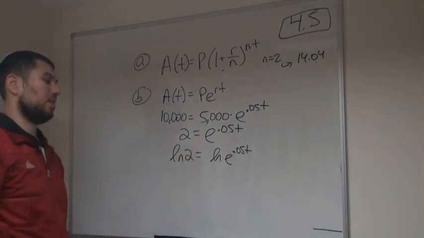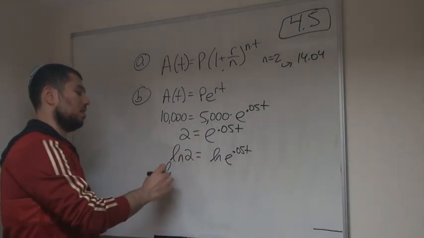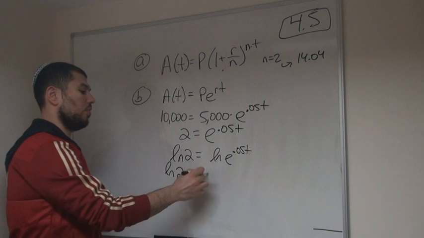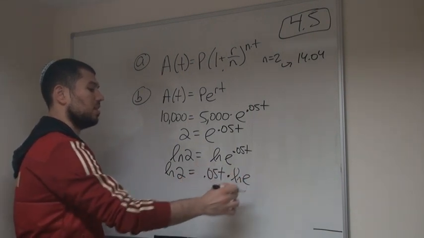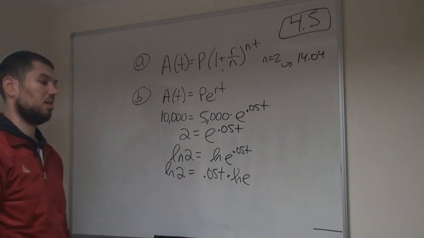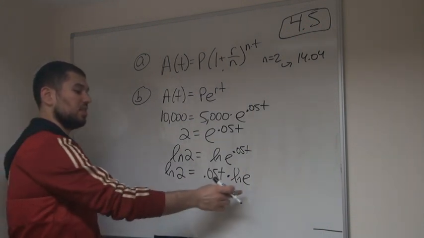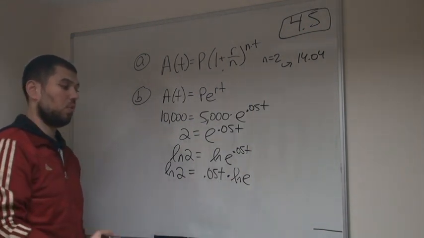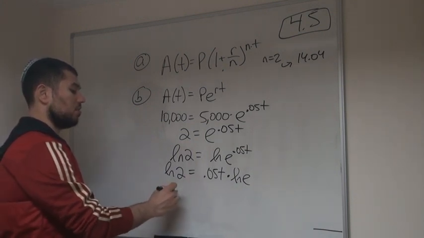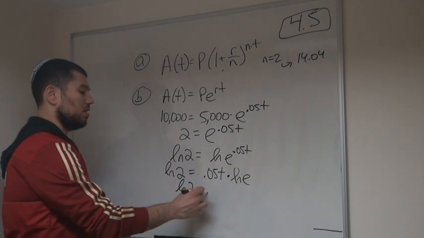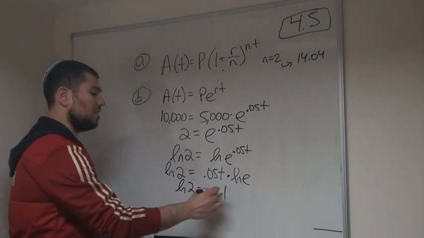Bring this exponent down. Ln of 2 is 0.05t times the ln of e. We discussed that the ln of e equals 1. So the ln of 2 is equal to 0.05t.